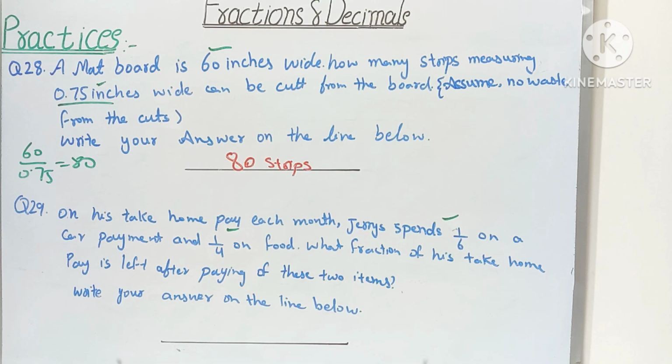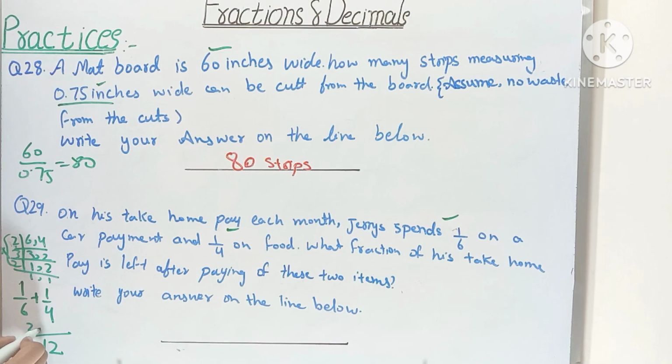Find the total fraction spent on car payment and food. What will we do? 1/6 plus 1/4. We take the LCM to make the denominators the same. 2 threes are 6, 2 twos are 4, 3 ones are 3, 2. Then multiply: 3 twos are 6, multiplied by 2, 12.